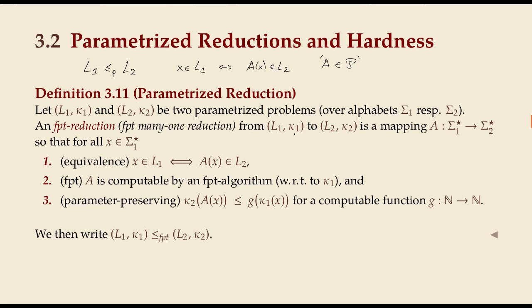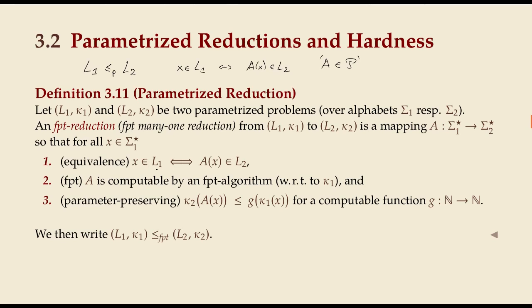If we were only allowing languages of pairs of instances and parameters, this definition would be messier. So I definitely prefer this one to the more traditional one. This mapping A from words from the one language to the other has to have the following three properties.